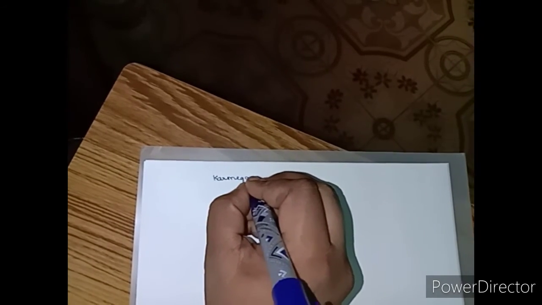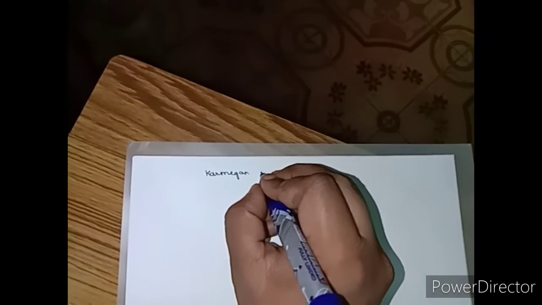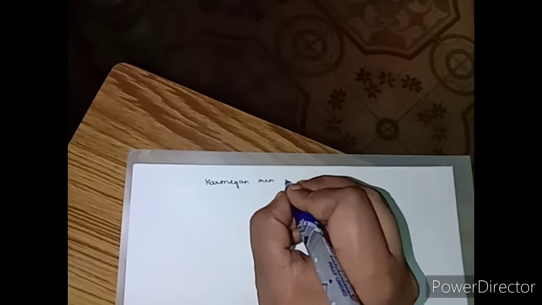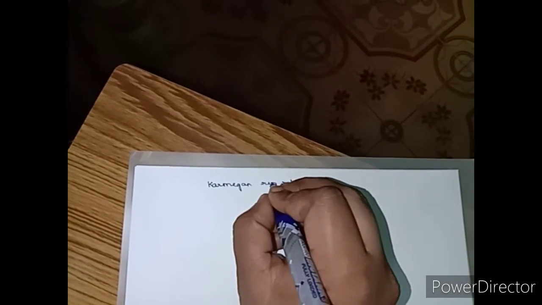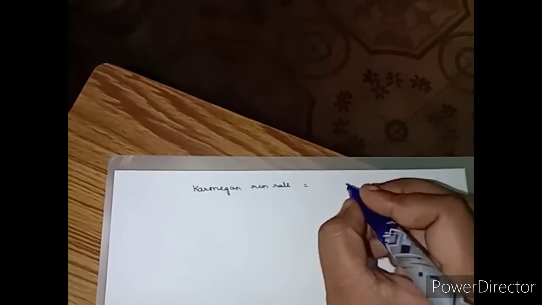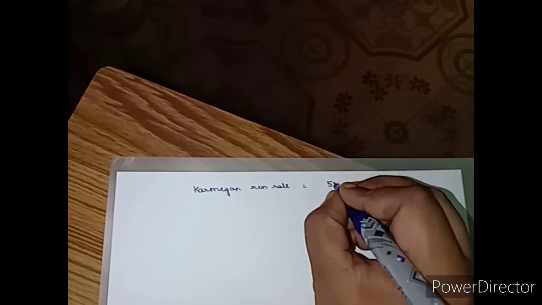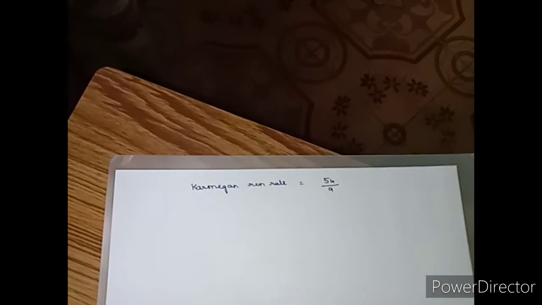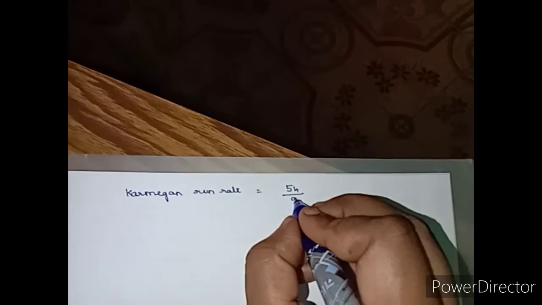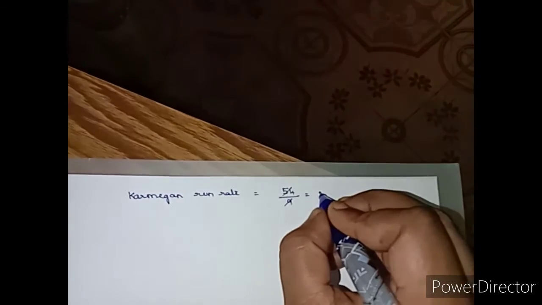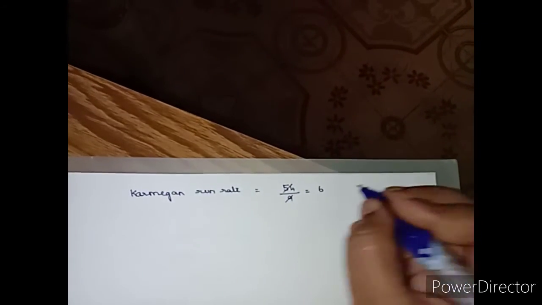So if you find one by one, we'll find Carmegam's run rate is equal to, he has scored 54 runs in 9 overs. So 54 divided by 9, it is 6. So he has scored 6 runs per over.